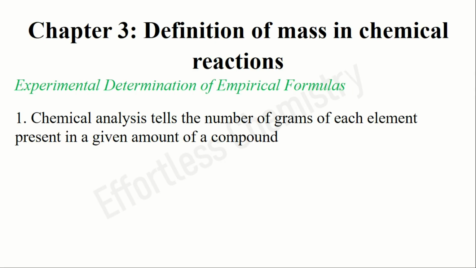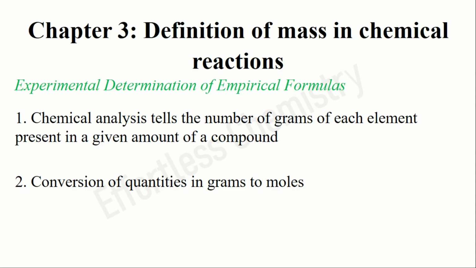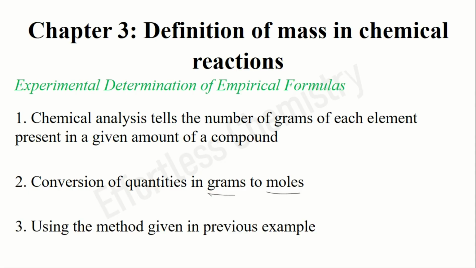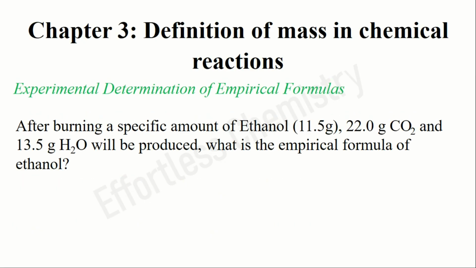Then, conversion of quantities in grams to moles, the same as we did in the last example, and then using the method given in the previous example. What was that? We divide the subscripts by the smallest one and then find the integers, because all the subscripts are whole numbers.